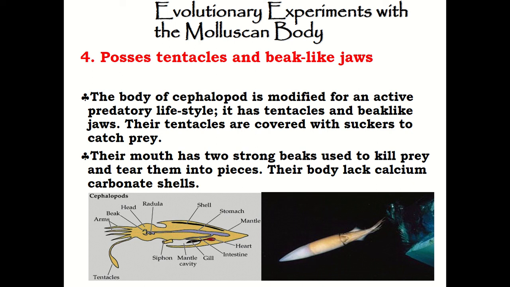Their tentacles are covered with suckers to catch prey, as you can see over here, such as the squids and also the cuttlefish. Their mouth has two strong beaks that are used to kill their prey and tear them into pieces. So their body lacks calcium carbonate shells.